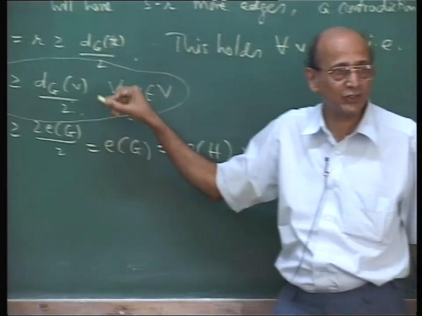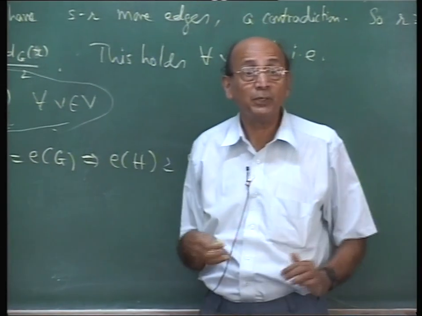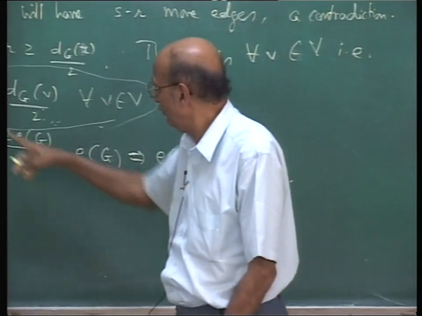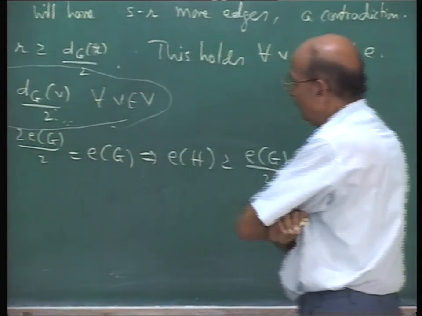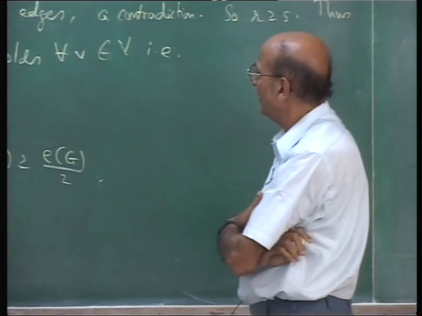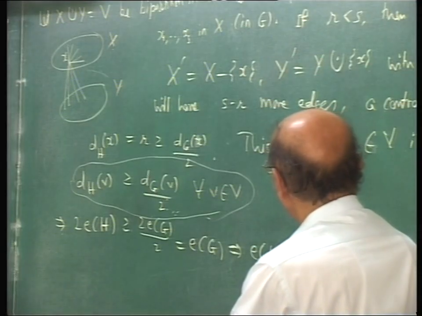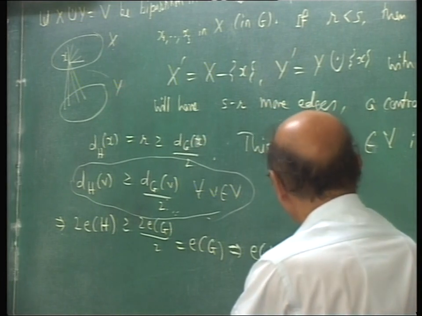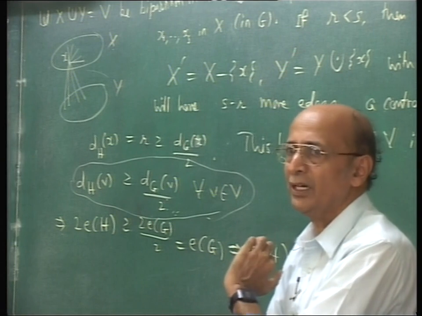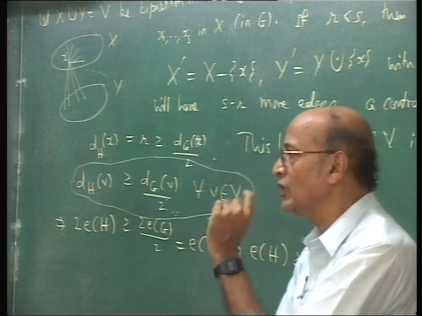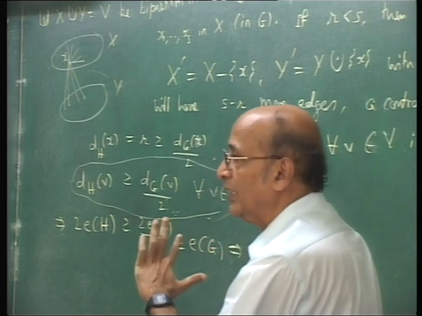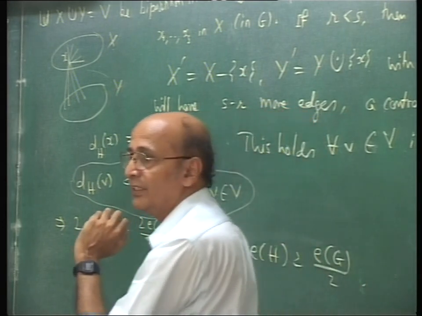Eventually this will get satisfied, one by one, because each time you will keep increasing the number of edges. When it does get satisfied, your algorithm will stop. It will produce a bipartite subgraph that has at least half the edges that G has.